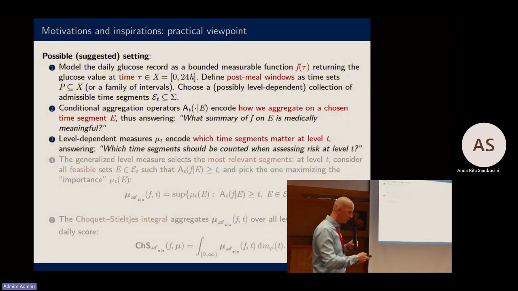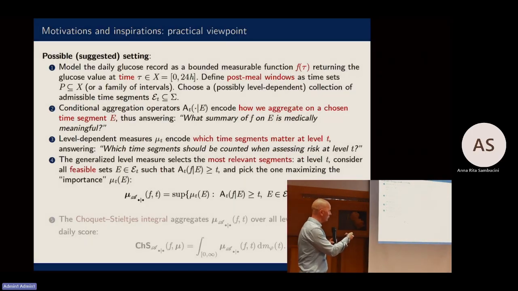Then we take a level-dependent measure, which encodes which time segments matter at level t, just answering the question, which time segment should be counted when assessing risk at level t.